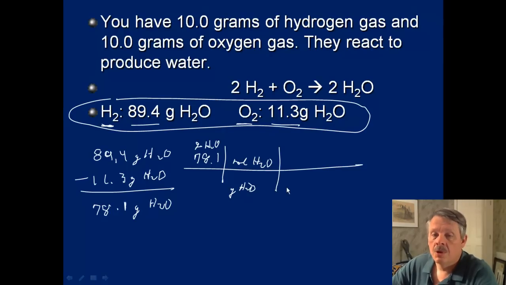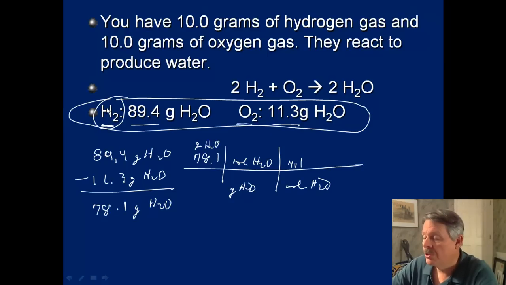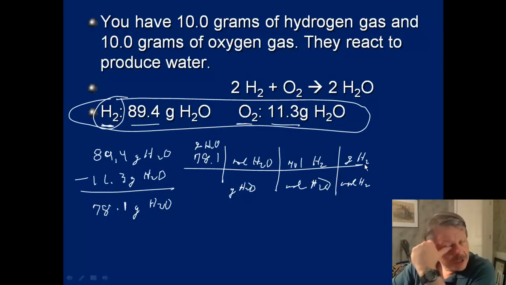And then we're going from moles of water to moles of, well, what are we trying to figure out? We're trying to figure out how much of the hydrogen we did not use. How much of the hydrogen was in excess? So we want to go back to moles of hydrogen, and then from moles of hydrogen, we want to go to grams of hydrogen.